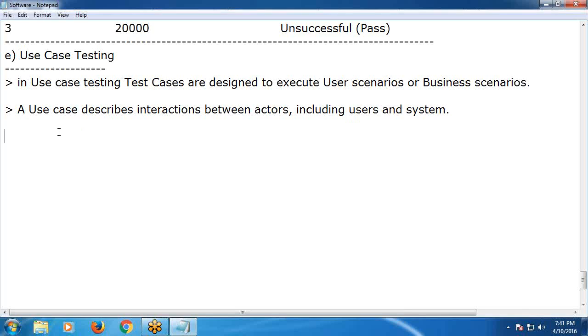Next, a use case usually has a mainstream scenario and sometimes alternate scenarios.